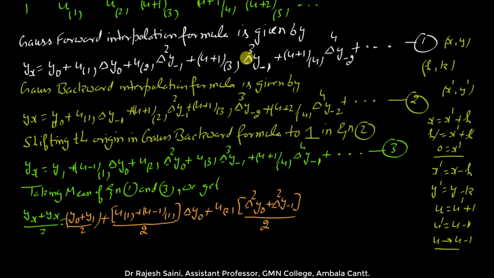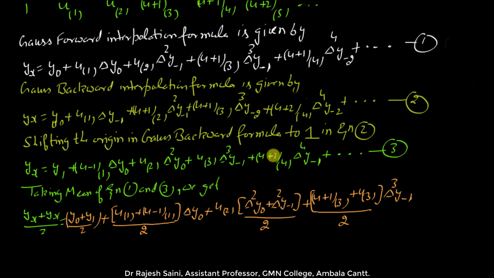Fine, and here delta cube y minus 1 will be common, so it will be u plus 1 subscript 3 plus u3, it will be delta cube y minus 1 and this will be divided by 2.